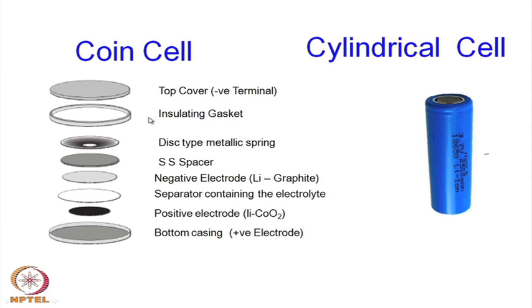Normally on this side is a copper foil, and on the other side there is an aluminum foil. So they are actually screen printed on this. Basically the materials are in the form of powders, not in the form of discs or plates. So they are powders coated on some substrates.